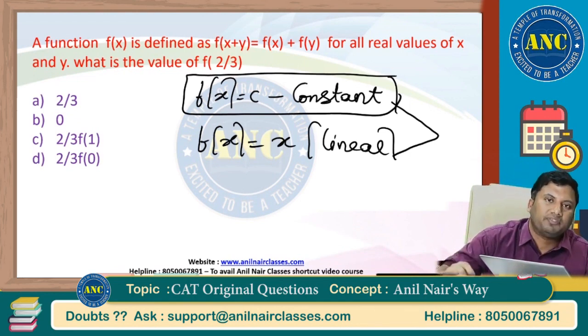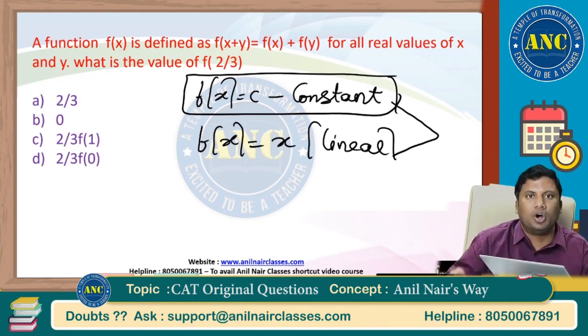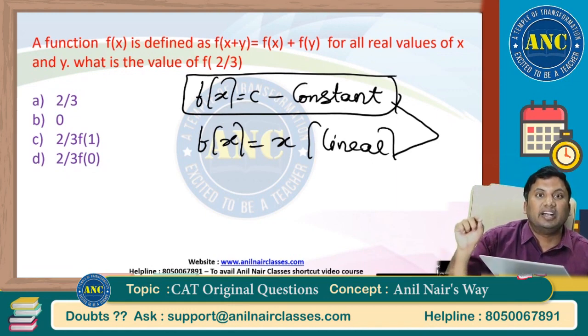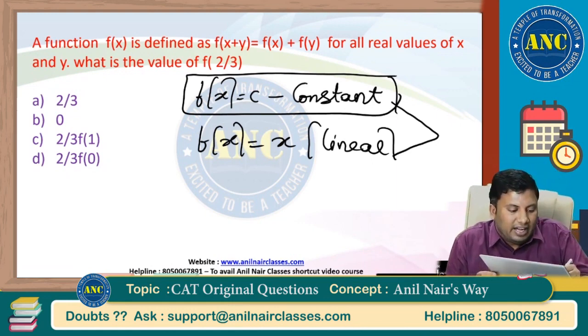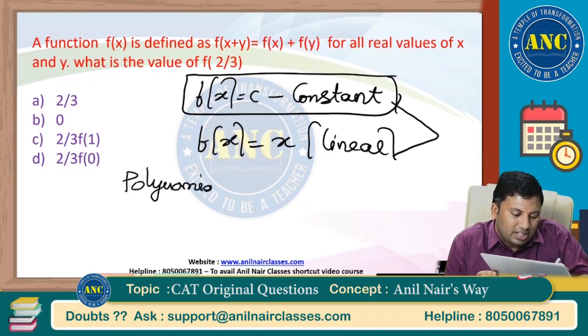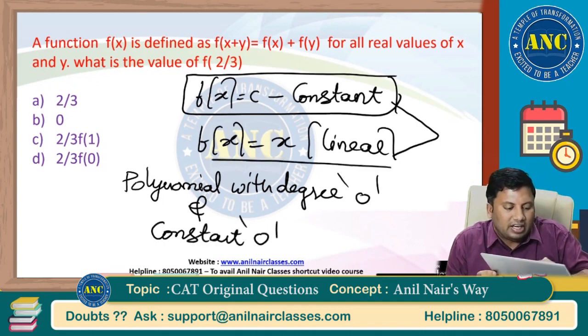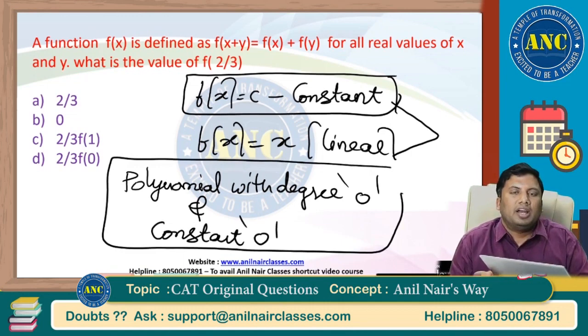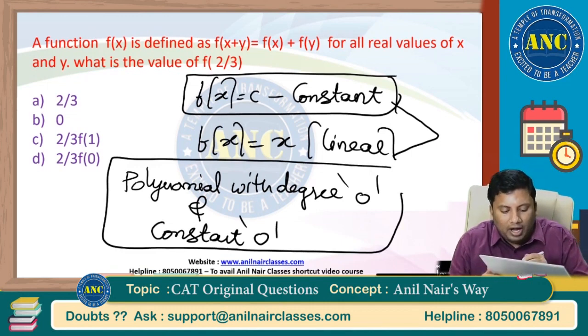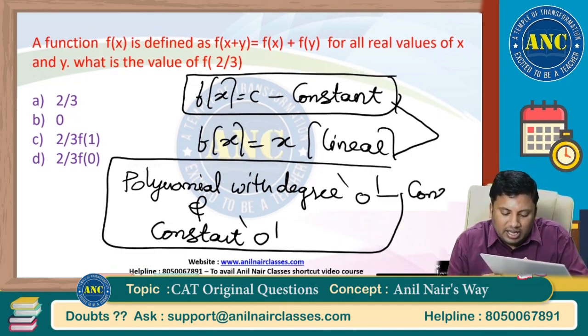A constant function has got degree 0. A linear function has got degree 1. Right? There is a difference of polynomial degree. A polynomial with degree 0 is a constant value.